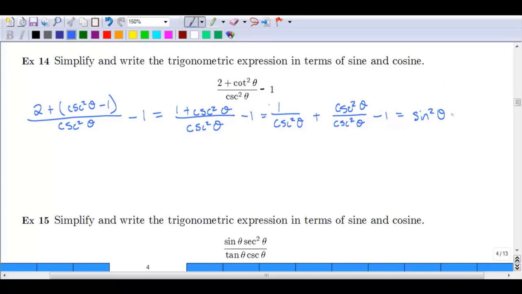Cosecant squared over cosecant squared just ends up being 1, and then we have this minus 1, and those would end up subtracting to be 0. So all we are left with here is sine squared of theta. So we've simplified this in terms of sine and cosine. We didn't actually have a cosine in this case, but we simplified without having to convert those original things there.